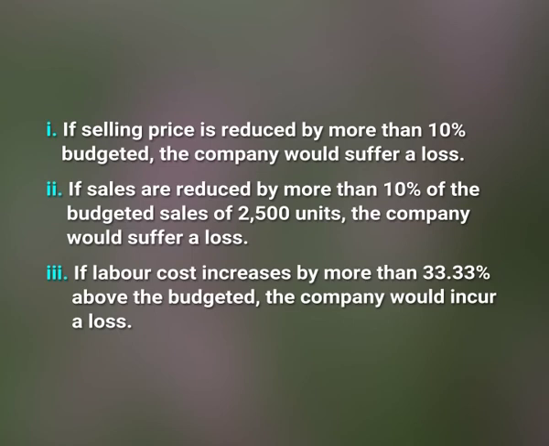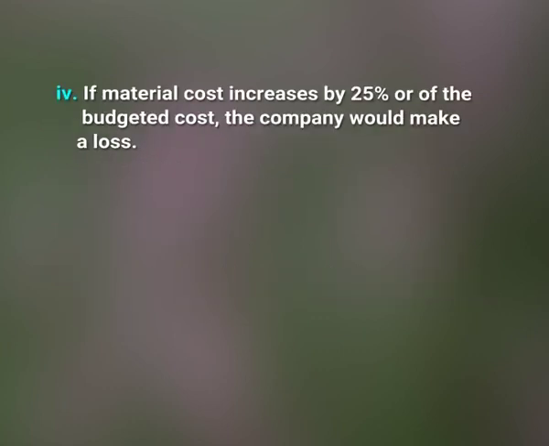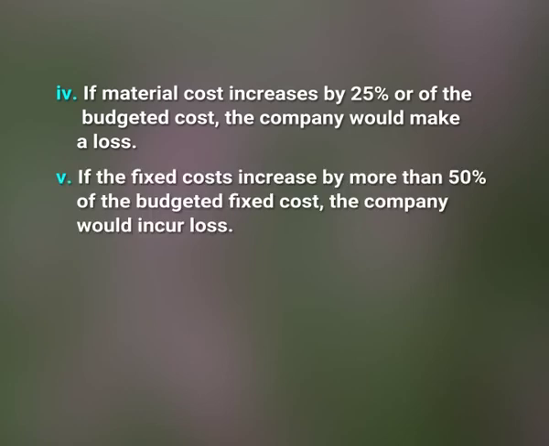Third, if labor cost increases by more than 33.33% above the budgeted, the company would incur a loss. Fourth, if material cost increases by 25% of the budgeted cost, the company would make a loss. Fifth, if the fixed cost increases by more than 50% of the budgeted fixed cost, the company would incur a loss.